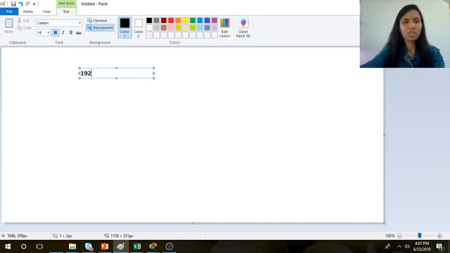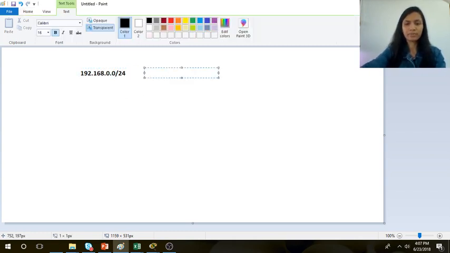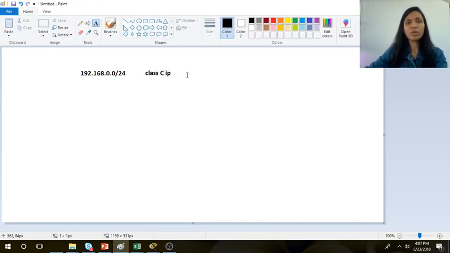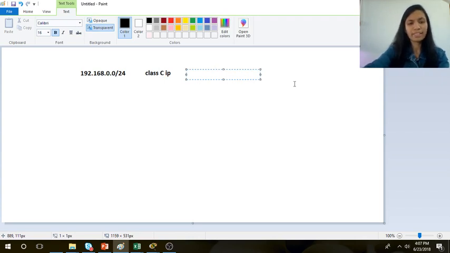Consider an IP address 192.168.0.0/24. This is a class C IP address, so it is going to have 2 raised to 8 minus 2, that is 254 hosts available.